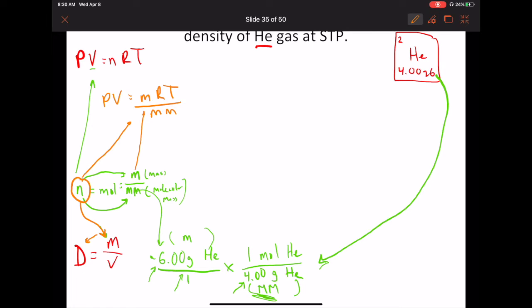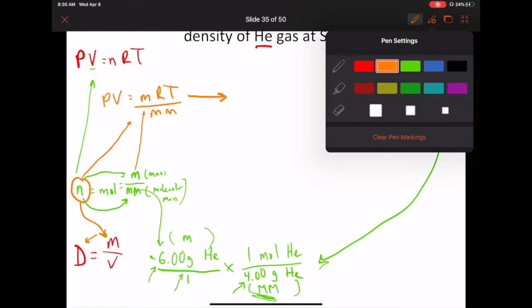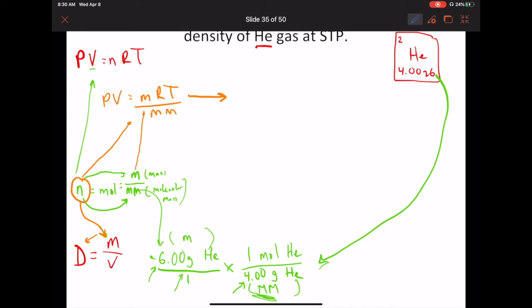So we need to rearrange this equation so that on one side you have density, or m over v. We need to do a little bit of algebra here. We want to get v on the bottom because it's m divided by v, like we have here.